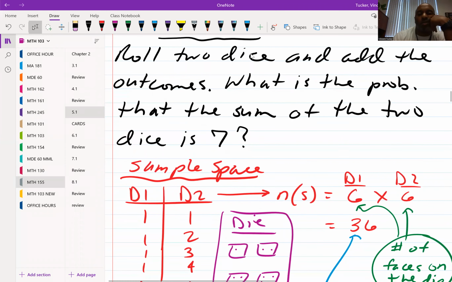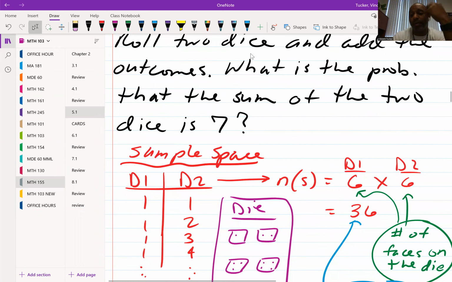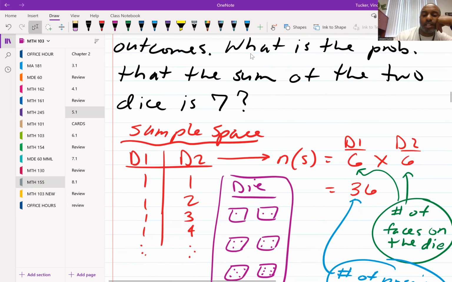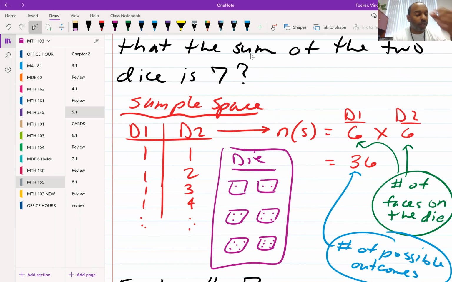Let's look at how we're going to establish our sample space first. Whenever we deal with probability, you need to establish the number of outcomes in the sample space. Even if you don't list them all out, you at least need to know how many options you have in your sample space.